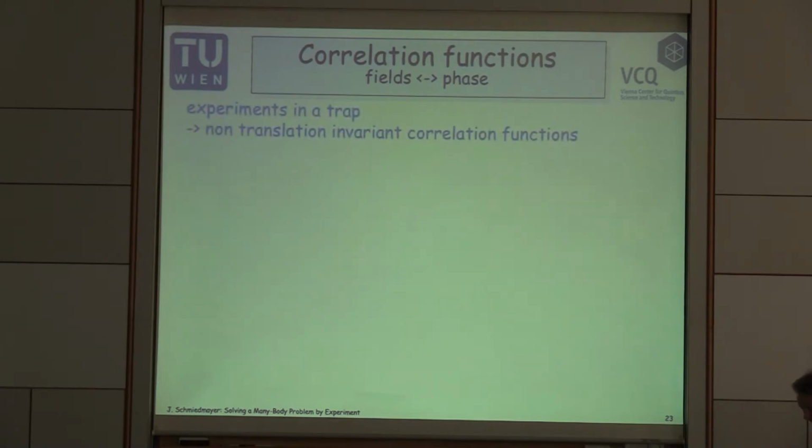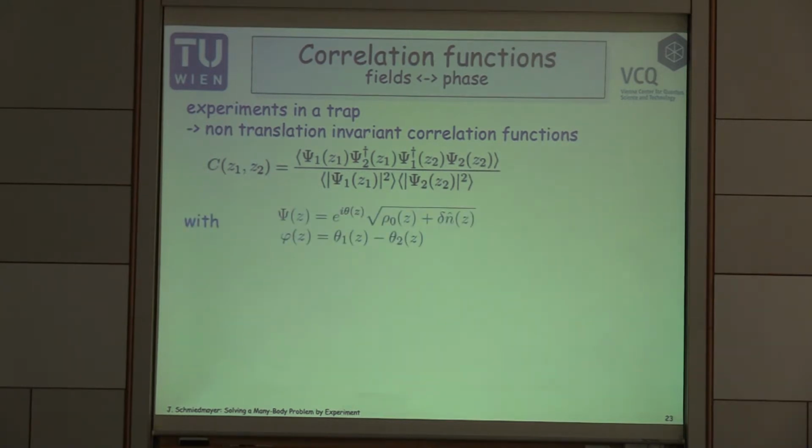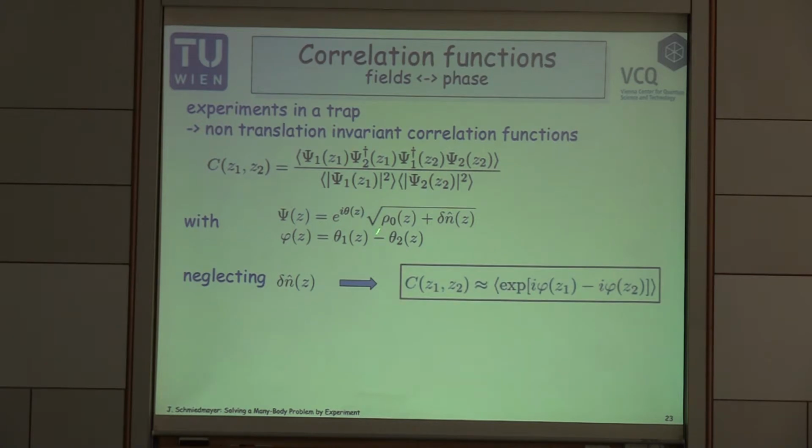Good. Now, if I measure correlation functions, let me say a little bit about what usually you write down: correlation functions of the fields like this. If you assume that the field operator can be written as fluctuations of the phase and fluctuations of the density, and you can neglect the density, then I could measure this correlation function by these e to the i phi(z1) minus phi(z2) correlators.